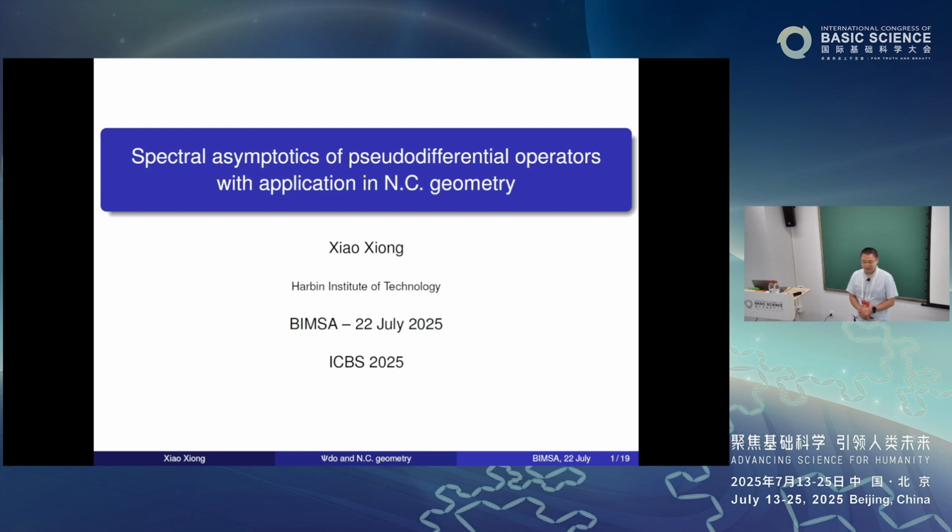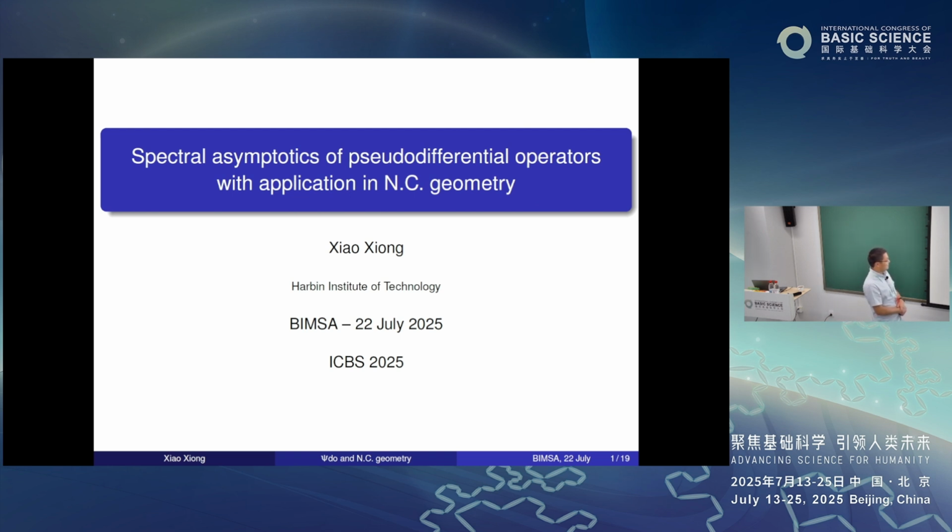As you know, in the classical case, the connection between analysis and geometry is very close. One important tool of this connection is the so-called pseudo-differential operator. Today I'm going to tell you that this connection still exists in the non-commutative setting.